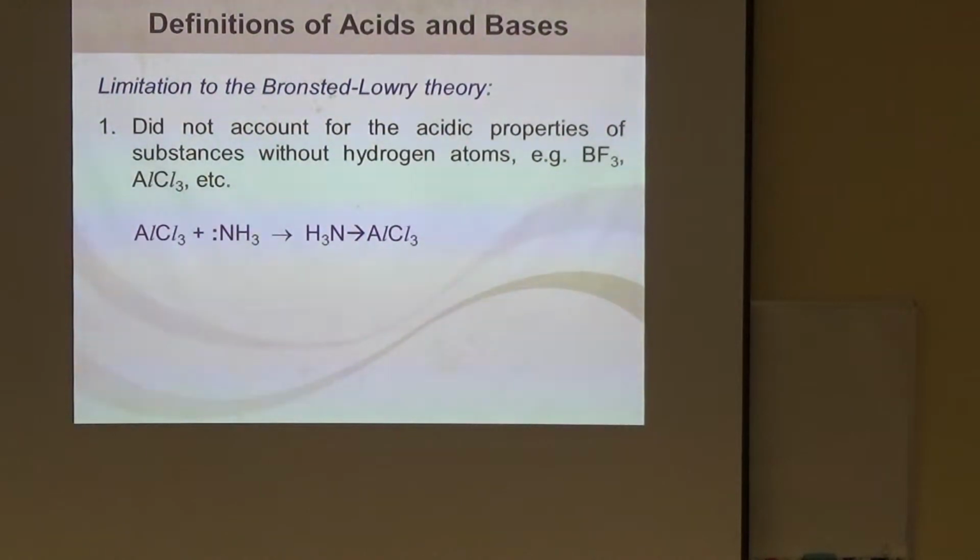That's why we keep picking those substances to make you strong. Okay? And if you have done your tutorials religiously, you will start to think about why they can function as acids. So aluminum chloride plus ammonia. The ammonia can form a dative bond with the aluminum chloride.